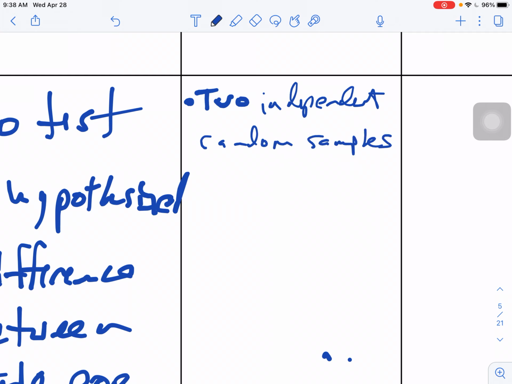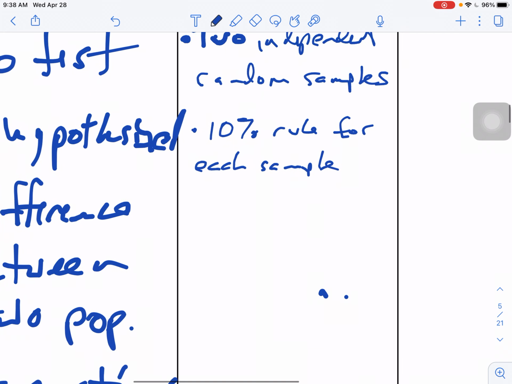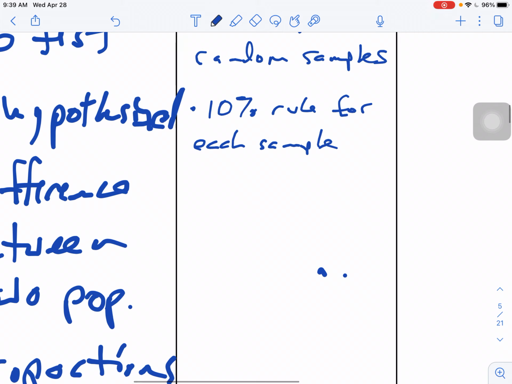You need, remember, the 10% rule for each sample. So remember, the sample size can be no larger than 10% of the population. That ensures that you have independent samples.